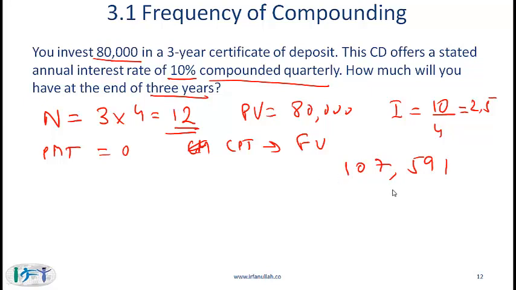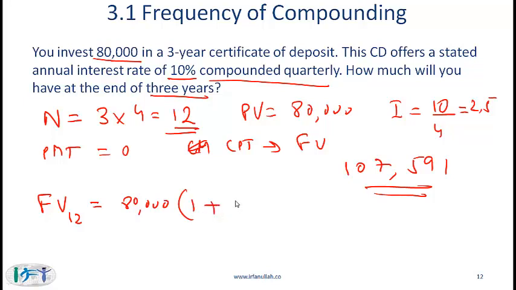You could also solve this problem using the formula, and the way you think of that is as follows. Your future value at the end of 12 periods, remember 3 years means 12 periods in this example, is equal to the present value, which is 80,000, into 1 plus the interest rate.